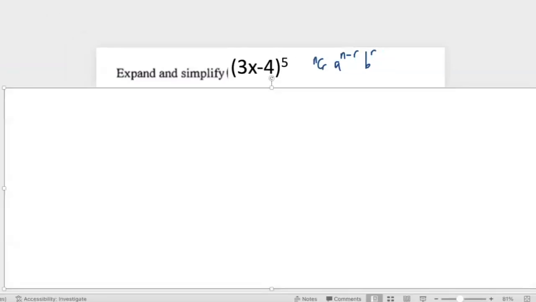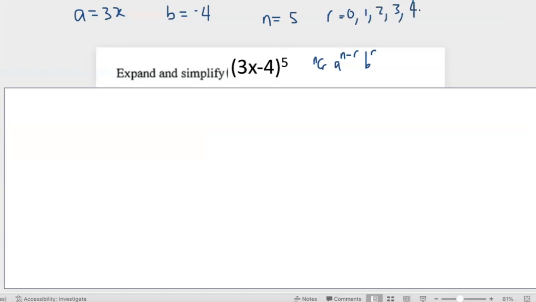Now, let me list out what is a. A is 3x. B is -4. And then n is the power, so n is 5. And r, we start at 0 and we stop at 5. So you have 0, 1, 2, 3, 4, and then we have 5.